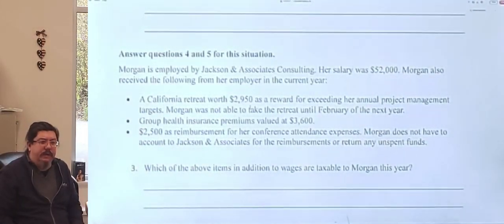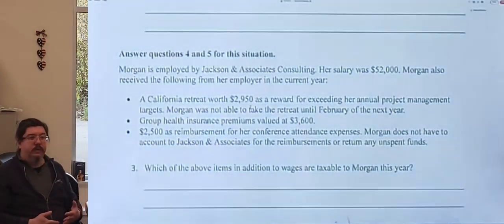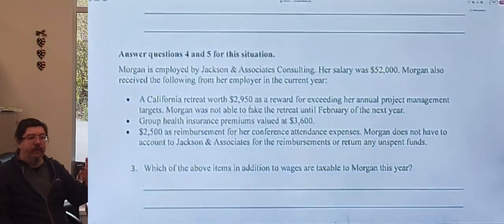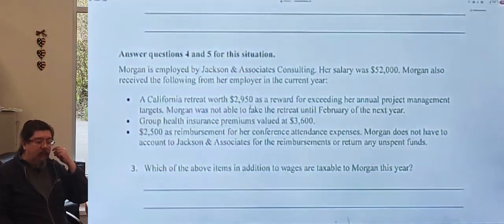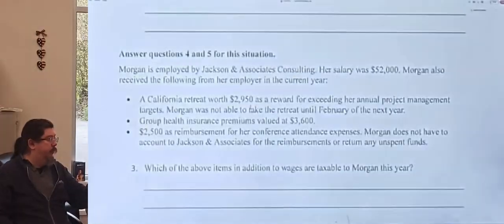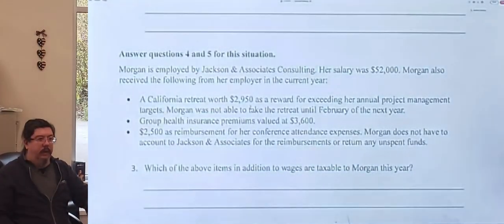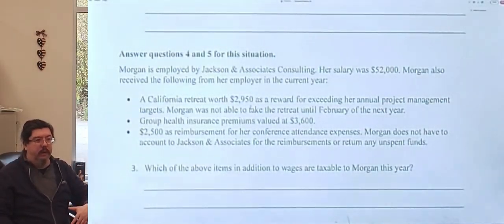That brings us to a concept that might have been mentioned in the book called constructive receipt. Most taxpayers report income and pay tax on the cash basis, which is whenever you're paid. That year is the year you report the income. Constructive receipt says if any money, or in this case a prize or service, is made available to you and you can cash it out at any time, then that's considered paid to you, even if you don't take advantage of that until later.